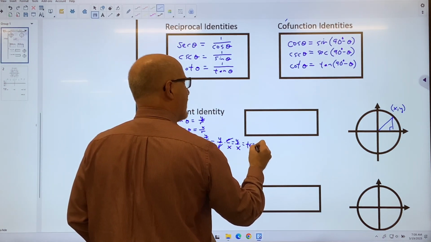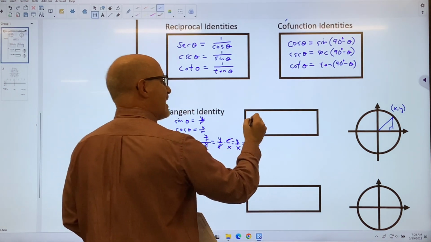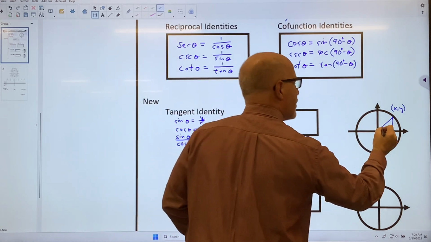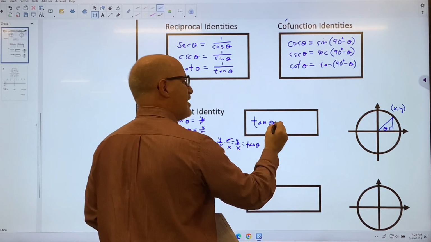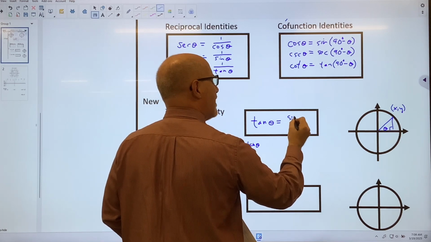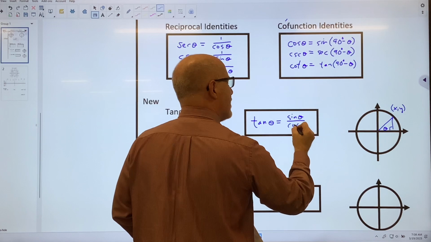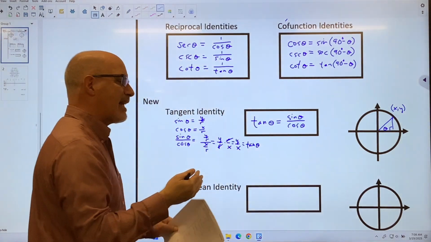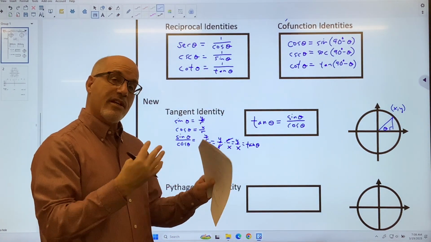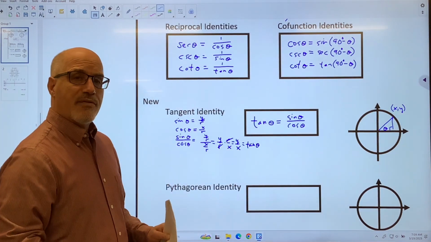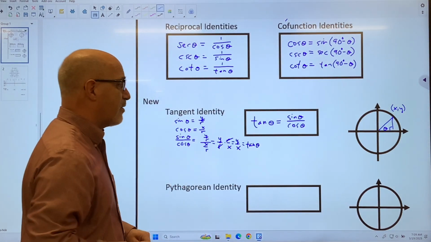So what we have here is a new identity, that the tangent of theta is equal to sine theta over cosine theta. So if you know the sine and cosine, you can find tangent by setting them up as a fraction of sine over cosine.